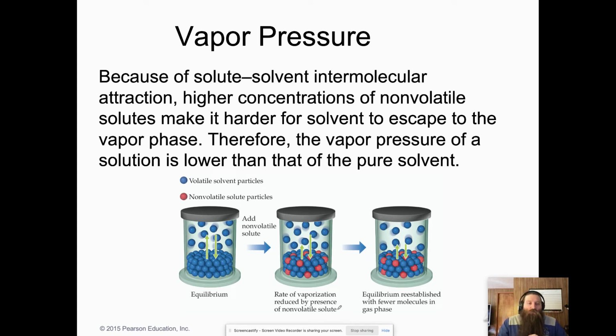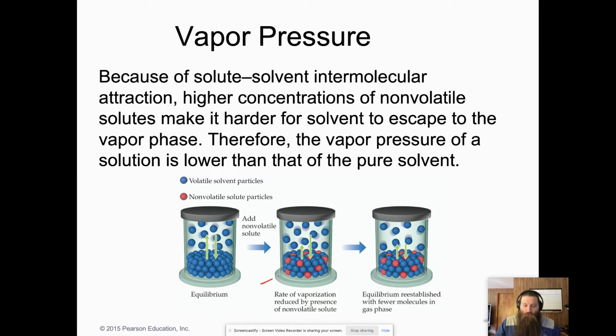Now, vapor pressure is something we've already talked about this year. As a review, it is the pressure of the gas above a solution, right? Pressing down on the solution, that is increased as some of those volatile solvent particles evaporate and go from the liquid to the gas phase. So there is solute-solvent intermolecular attraction.